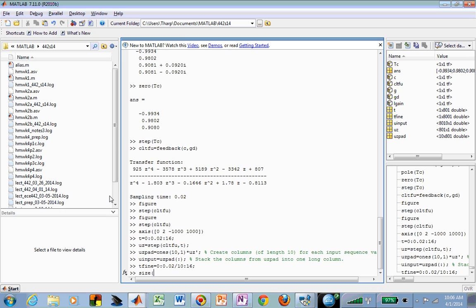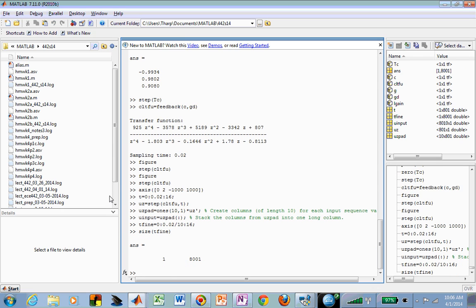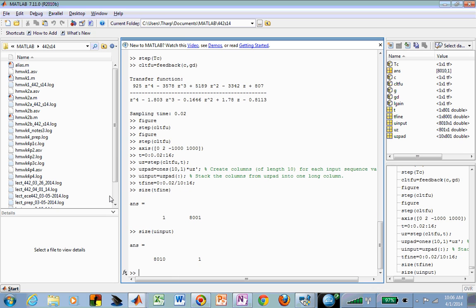Let me now find how many points I have in tFind, and let me look at how many points I have in uInput. Those need to be the same or my MATLAB function will not cooperate. So I need to cut off the tail of my input to give it 8,001 points. So I'm going to do that by saying take 1 to 8,001 for my input.